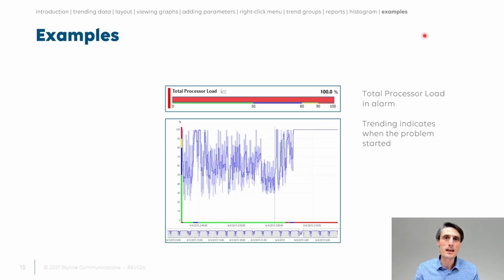Now, to wrap it up, some examples. We already saw some examples on our demo systems and DCP DMA, but I just want to indicate here that the history perspective brings a lot of value. If I see a parameter that is in alarm, the first thing I do is open up the trend graph because I want to see how I got into this situation.